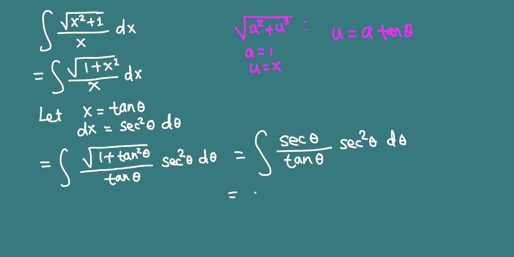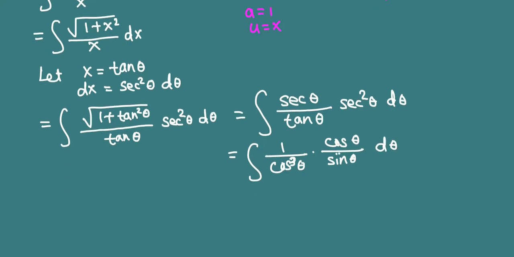Tangent is sine over cosine, so dividing by it, I change this division into multiplication: sine over cosine on the bottom flips and becomes cosine over sine d theta.